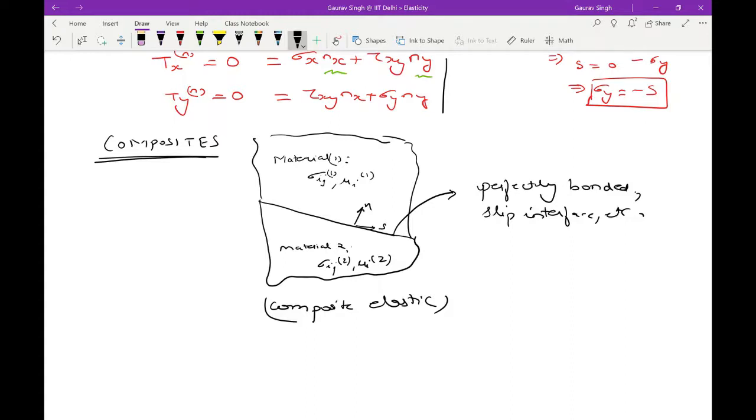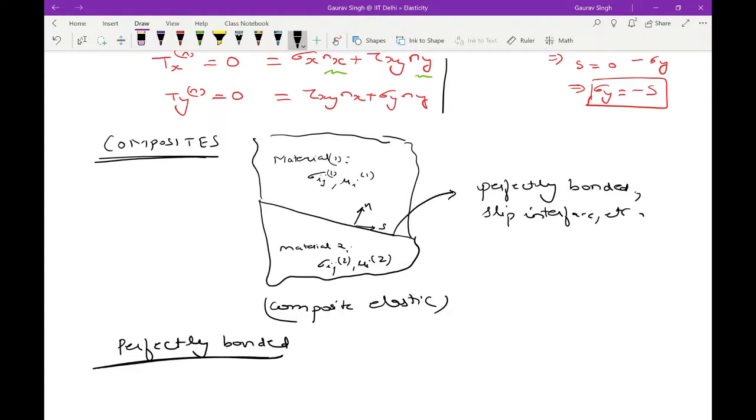Okay, so if for example they are perfectly bonded, then the displacements and tractions will both be continuous at the interface. This perfectly bonded is a condition we have to achieve using a suitable adhesive or some sort of a joining mechanism.